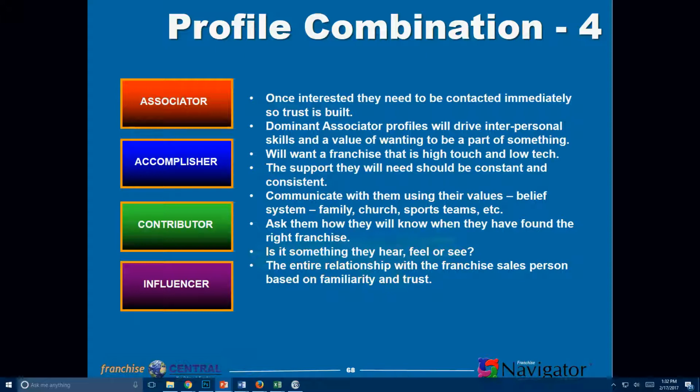And when you're talking to them in the upfront, in the vetting process, use the words that relate to them, that resonate with their value system, their belief system. Now, one of the questions that I love to ask people that are in the process of buying a franchise is, how will you know when you found the right franchise?